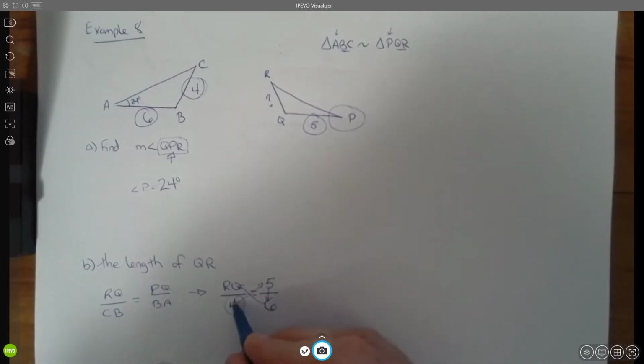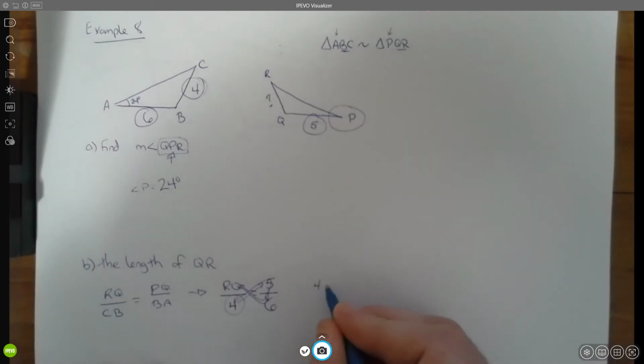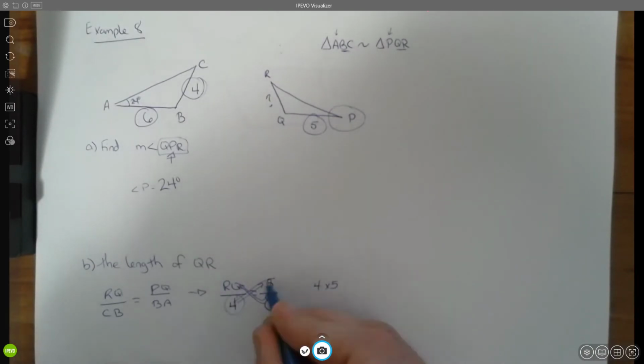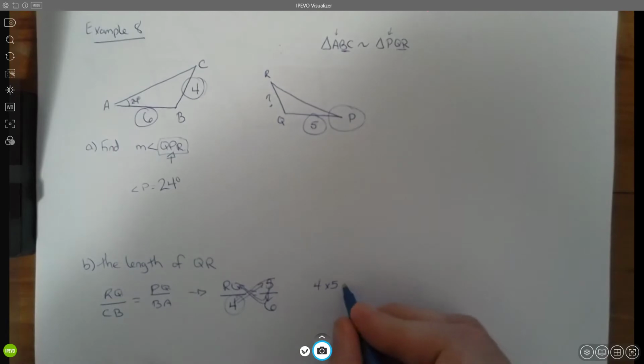Some of you may remember this as kind of the fishy method. As we go through solving this particular question, we start off, we do 4 times 5, multiplying across, which is going to give us 20. And then we're going to divide, so 20 over 6.